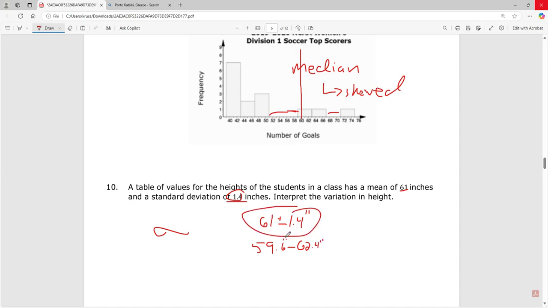In fact, you could say that the absolute value of x minus 61, where x is the student height, equals 1.4. So that's an absolute value function in the form of standard deviation. That means that the student's height is going to fall between 59.6 and 62.4 inches. So a little bit of stuff from last unit come back around. I hope that one helps.